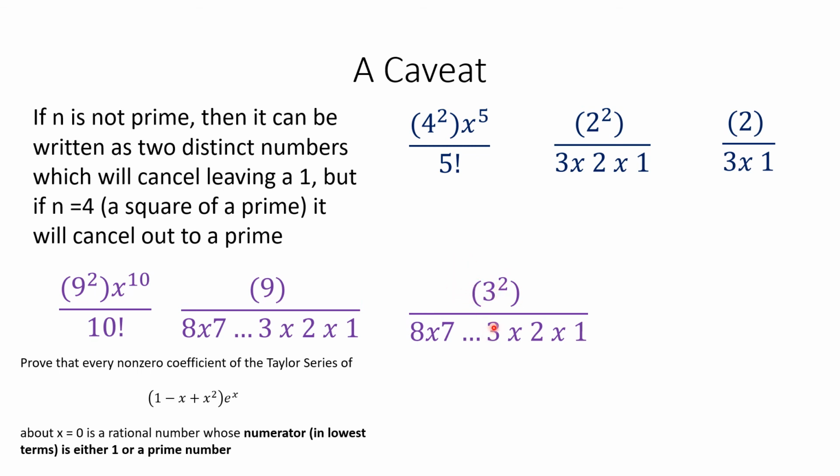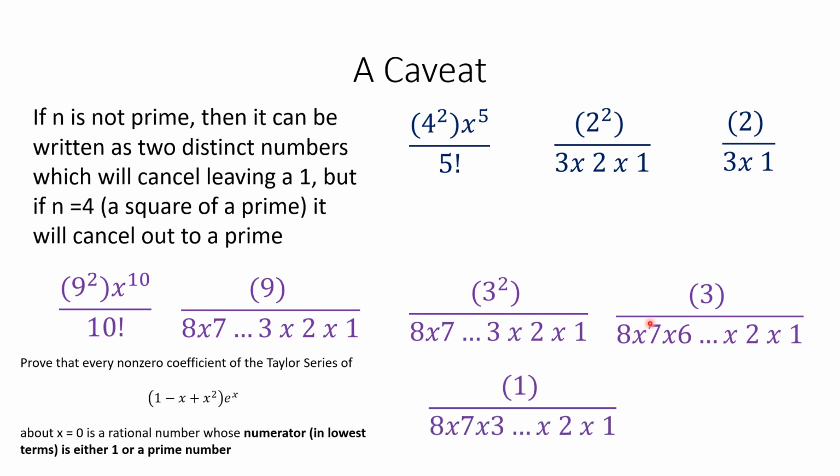But we can't forget that within that factorial, 2 times that prime will always be present, and in that case, that would be 6. And then 6 can be written as 2 times 3, so once again, it would leave a 1 in the numerator. So 4 is just a particular caveat where even though it's not originally a prime, it will leave a prime in the numerator instead of a 1, and it's something we would have to account for in a formal proof. But with that, the proof is over.